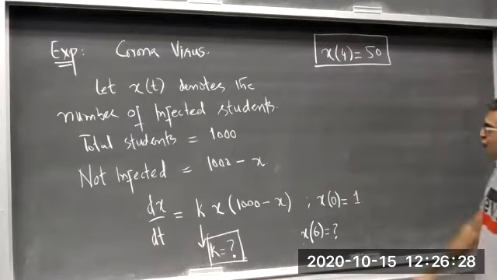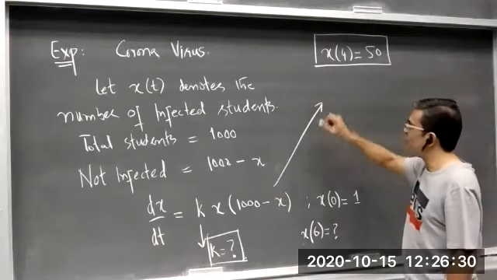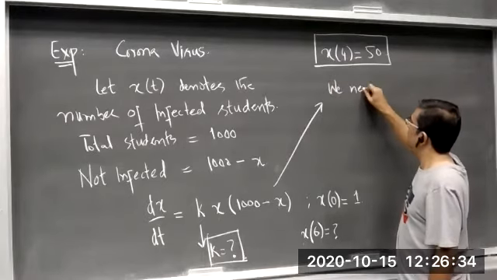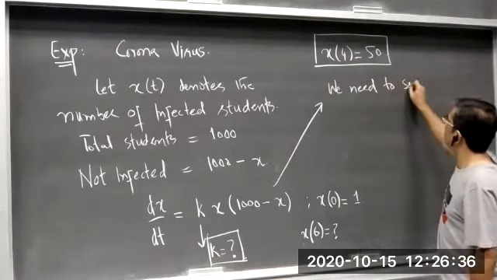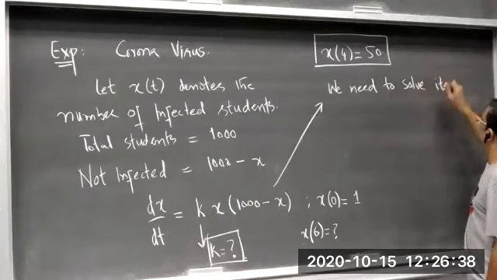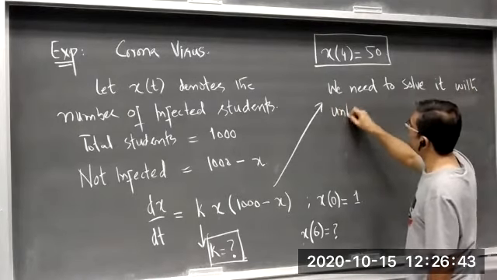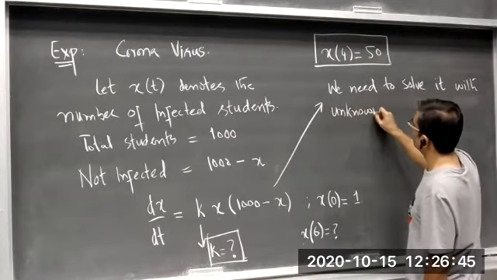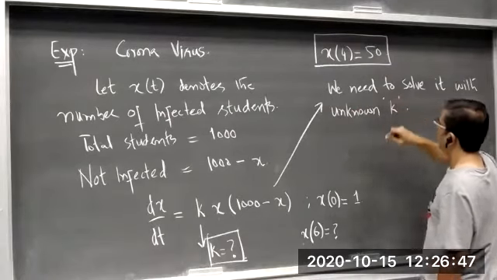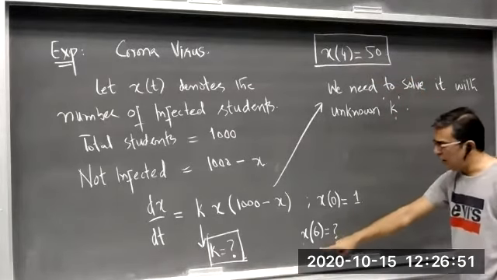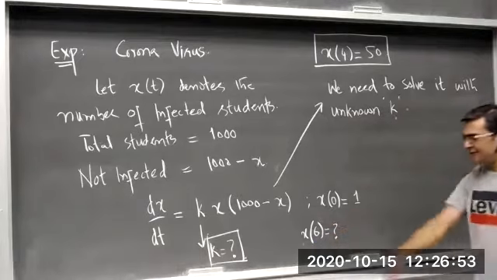First, we need to solve this differential equation with unknown k. Then we will use this condition to compute k, and then we can compute x(6).